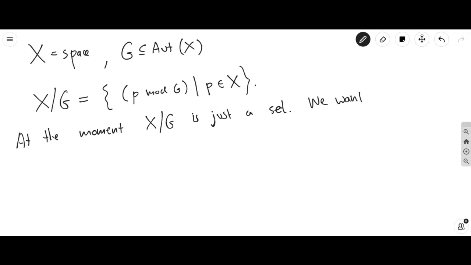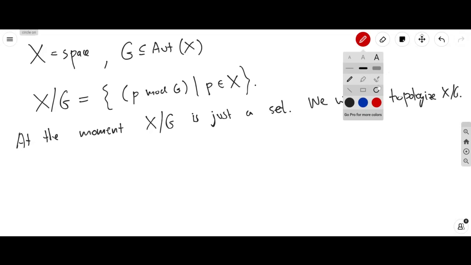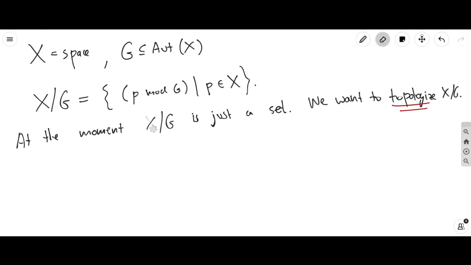We want to topologize X mod G. So to topologize would mean we want to put a topology on this set.